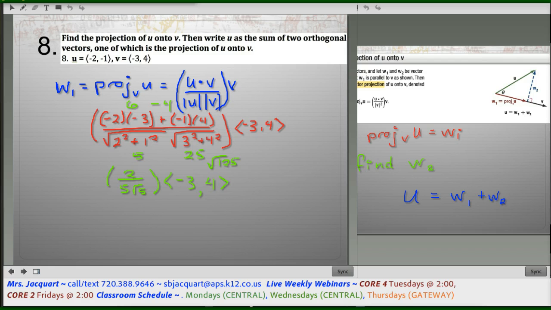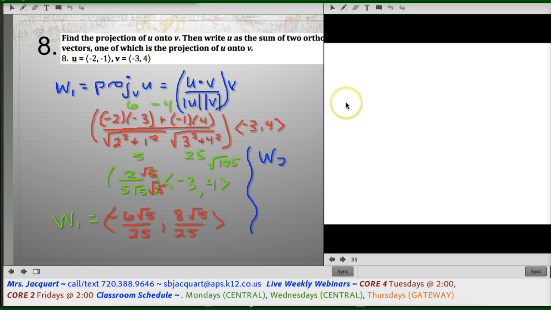So our vector W1 equals, we want to rationalize that denominator too. So it's going to be -6 square root 5 over 25, comma 8 square root 5 over 25. Now we have to go find W2. And I need a lot of space to find W2, so we're going to go ahead and use our whiteboard.